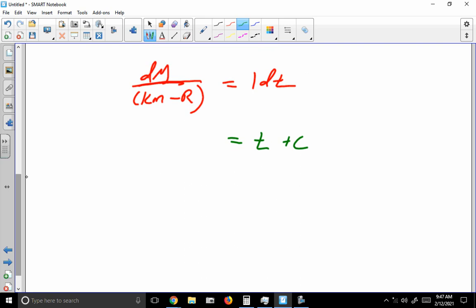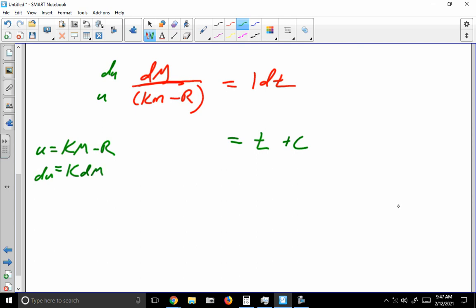On the left side, this is just going to be a du over u. If the denominator is u and m is our variable, then the derivative of km minus r: k is a constant, the derivative of our variable to the first power is 1, r is a constant, so the derivative of that is 0.